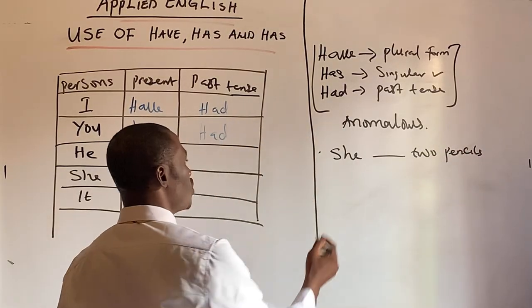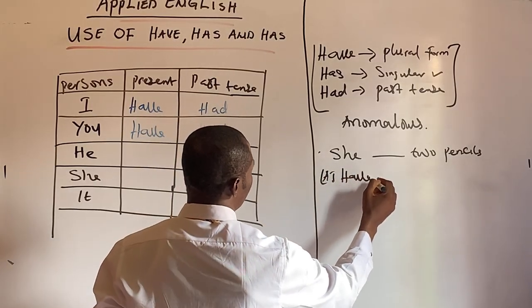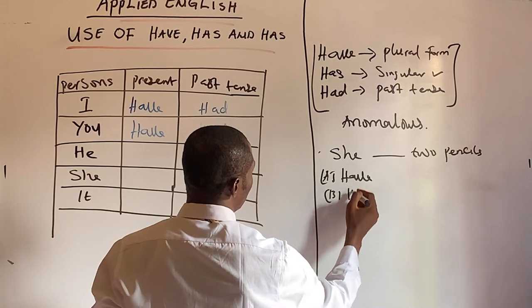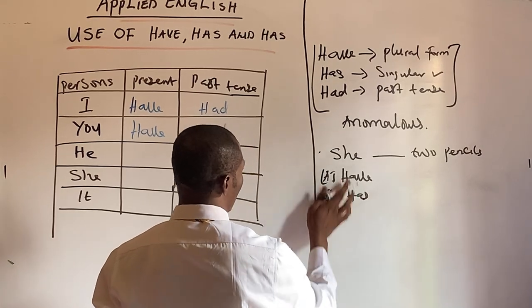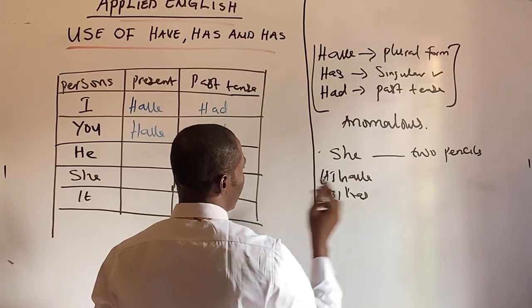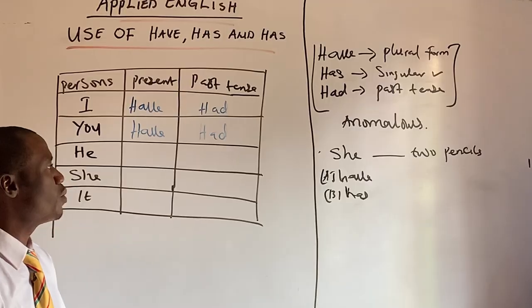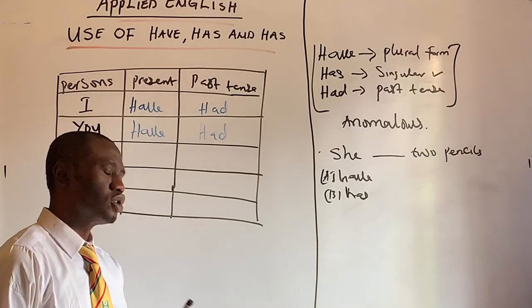Do we say A, she have 2 pencils, or do we say B, she has 2 pencils? Of course, this will be in the small letter, I mean the H there. Okay? So do we say she have 2 pencils or she has 2 pencils?